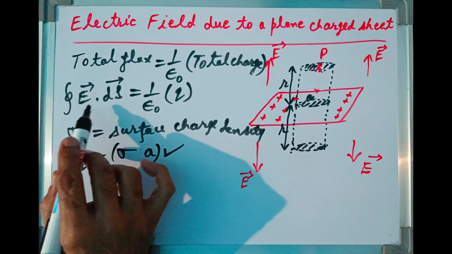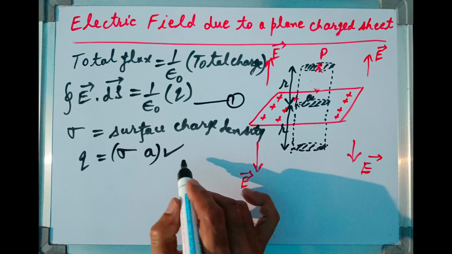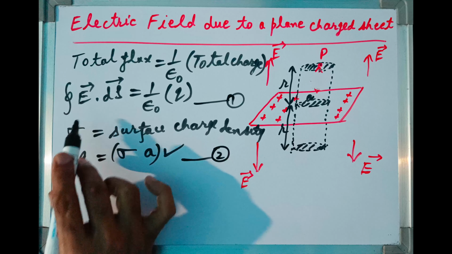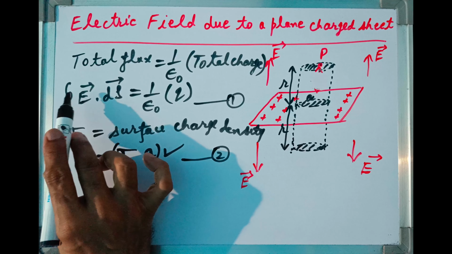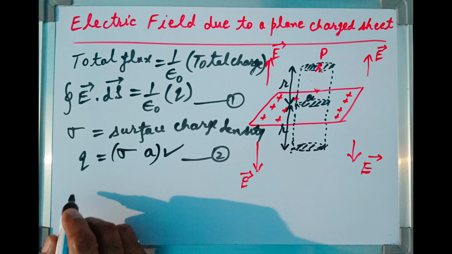So we have found the value of q to be put in this equation. Let me call this as equation number 1 and this as equation number 2. In order to solve left hand side, I will split this closed integral into three open integrals.